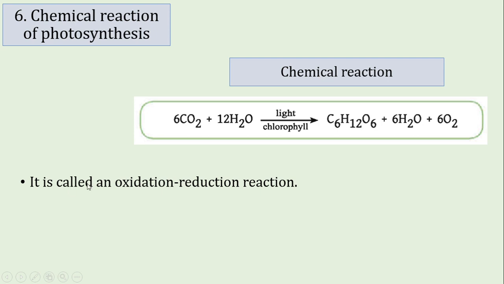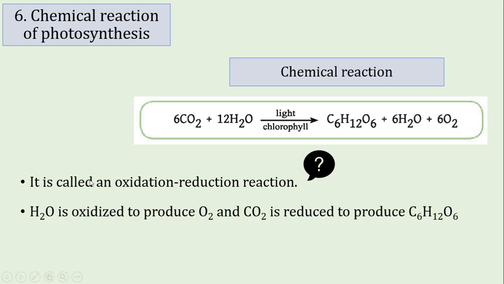This process is also called oxidation reduction reaction. Now the concept of chemistry comes, oxidation and reduction. What we know, the water molecule here is oxidized to produce oxygen and carbon dioxide is reduced to produce glucose. From the concept of oxidation reduction, we know that if hydrogen is released from a molecule, then this process is called oxidation.